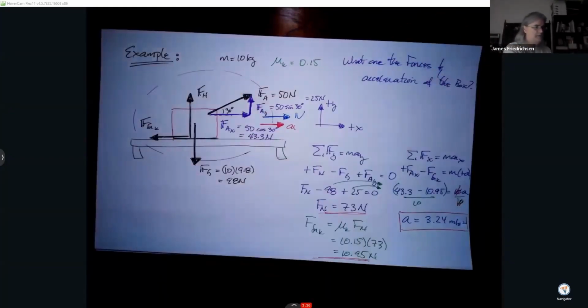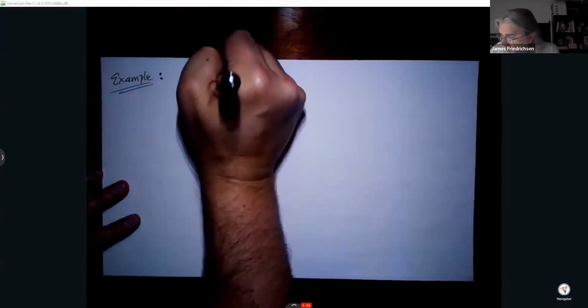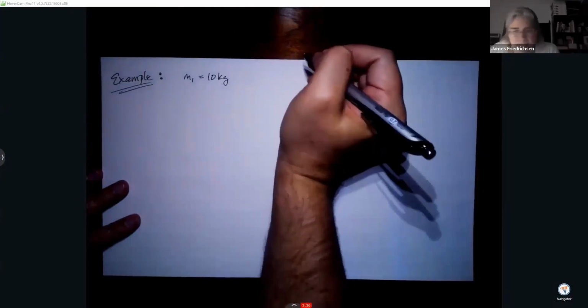So we got our two boxes on the table connected by an ideal spring. So I'll call them box 1 and 2. Box 1 was our 10 kilogram springy box.